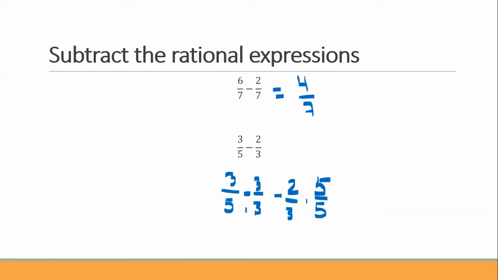This splits this one up into 3 extra divisions. This one splits this into 5 extra divisions. Then we have 9/15 minus 10/15, and 9 minus 10 is negative 1/15.